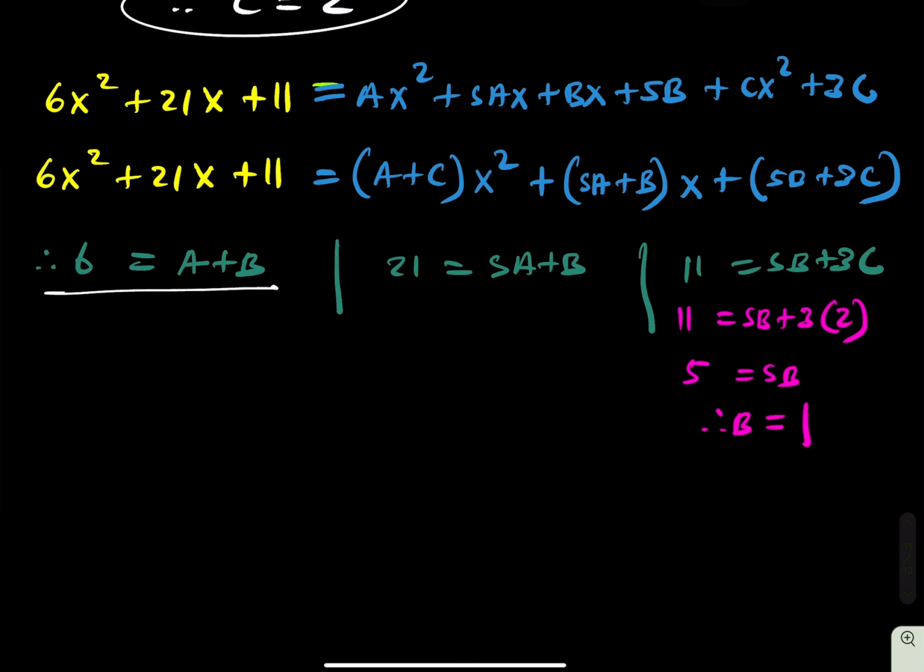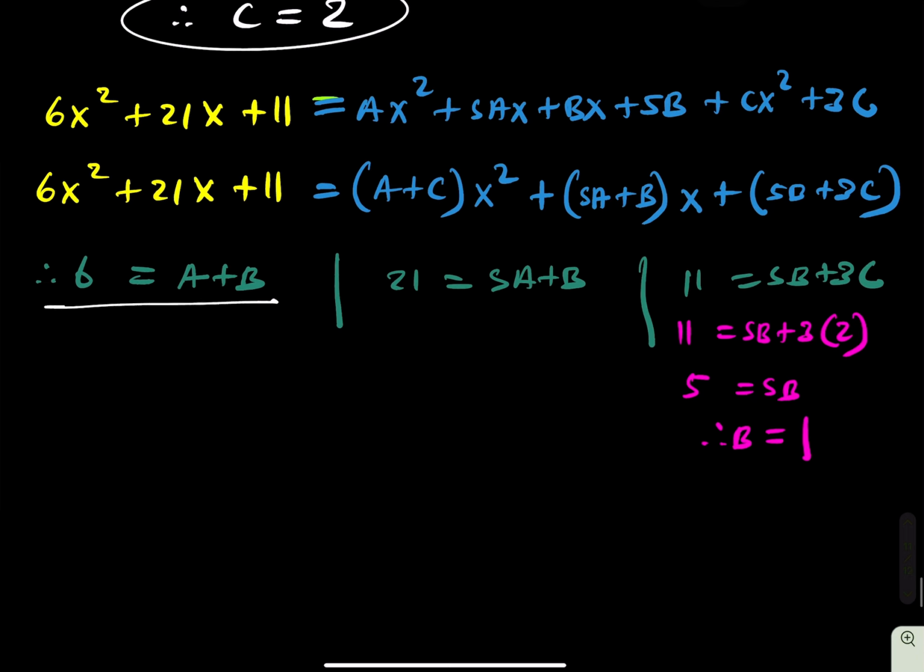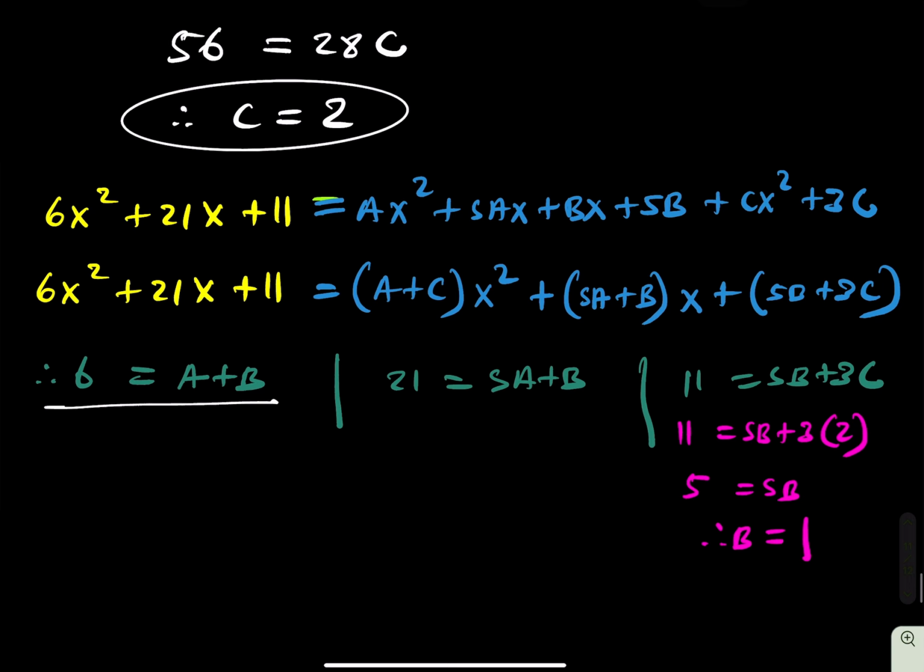I'm trying to check if I didn't make a mistake here. Okay, I made a mistake here. This should be a plus c, so to say. That should be c here. 6 must equal this term, that is a plus c. All right. And then this one must equal 21. Yeah, I think that is correct.